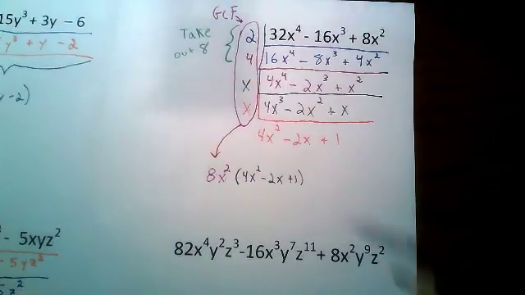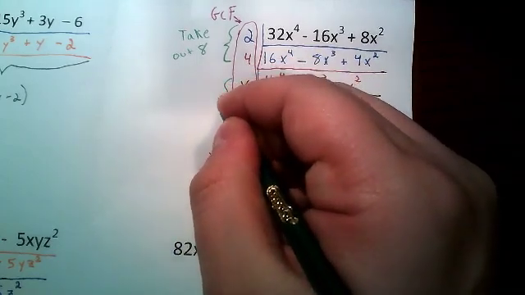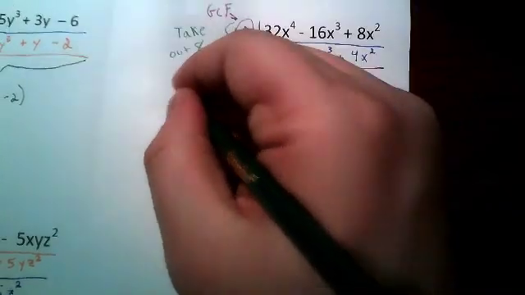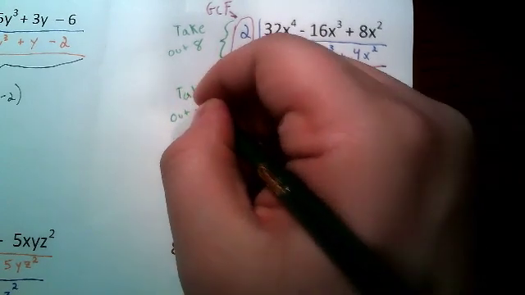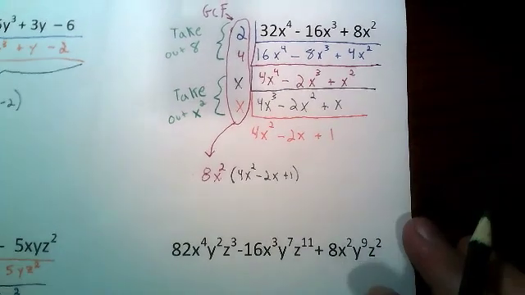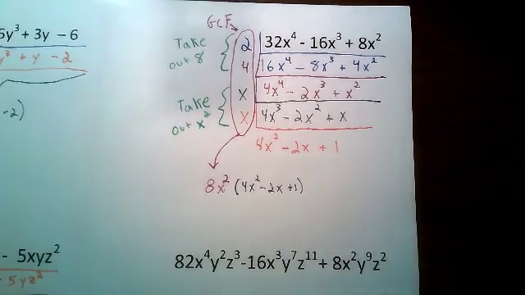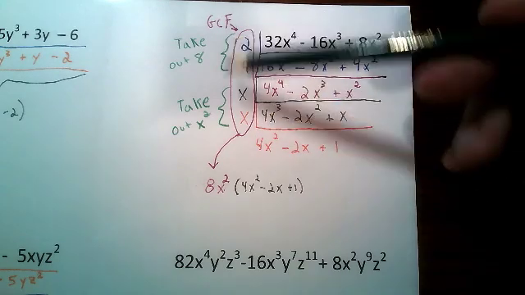And here I took away an x, and I took away another x. What I could have done is just taken out 2 x's, or x squared. So you can combine those in one step. Okay. It works both ways. You'll still get the same answer, but you can do it shorter.